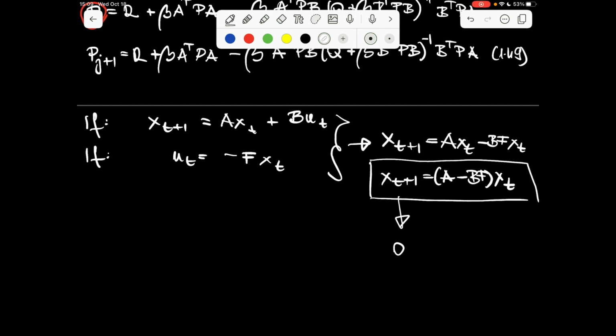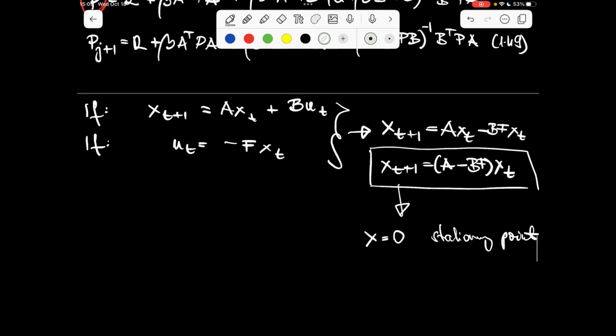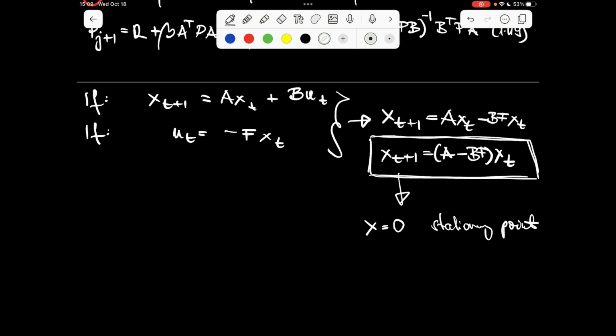So if this process is stable, then the stationary point must be zero, and we can decide if this difference equation is stable by checking the eigenvalues of the matrix A minus BF.